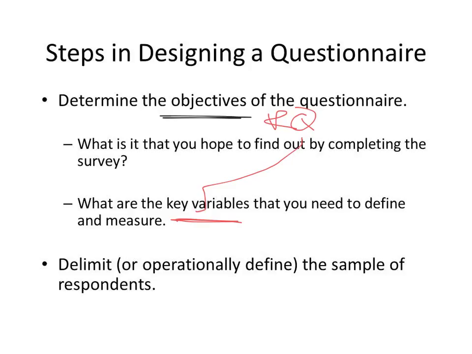So is this going to be Division III basketball players at Springfield College? Is this going to be employees at a local nonprofit? Is this going to be members of a youth soccer organization? So a whole bunch of different options are available here.